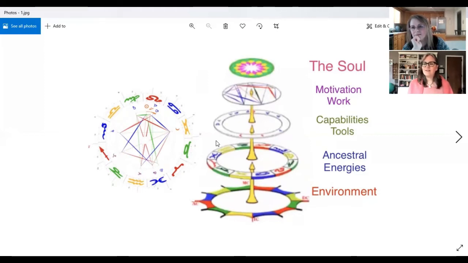And that makes sense then when I look at your ancestral energies and the environment, and it is the very everyday kind of life, a very personal life that is represented by that southern hemisphere. And the upper hemisphere to me is then all about how you reach out into space and you shine your energies from you outward. And that's your capabilities and your motivation and your work.